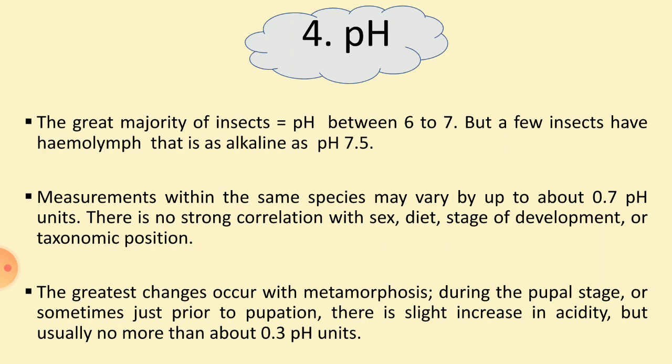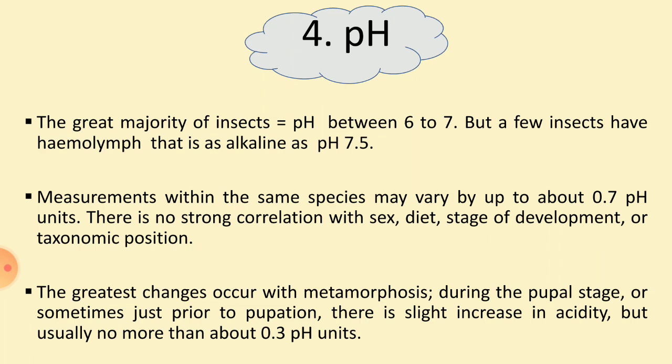Measurements within the same species may vary by up to about 0.7 pH units. There is no strong correlation with the sex, diet, stage of development, or taxonomical position.